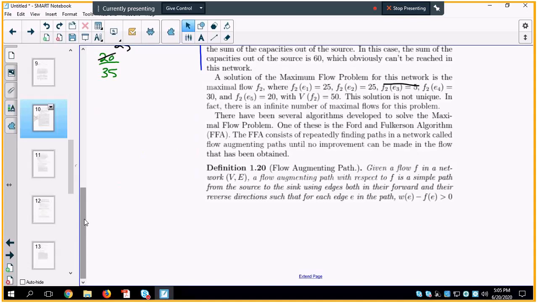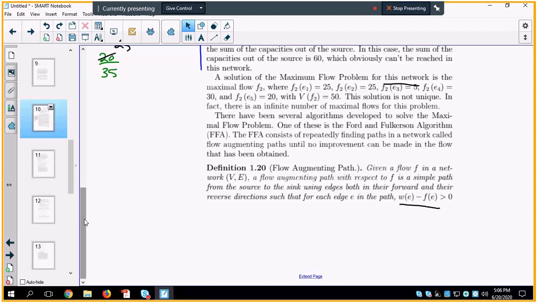So given a flow F, which again we know is a function on the set of edges, given a flow F in a network, a flow augmenting path with respect to F is a simple path from the source to the sink using edges both in their forward and reverse directions, such that for each edge E in the path, the weight of the edge minus the flow through the edge is greater than 0.